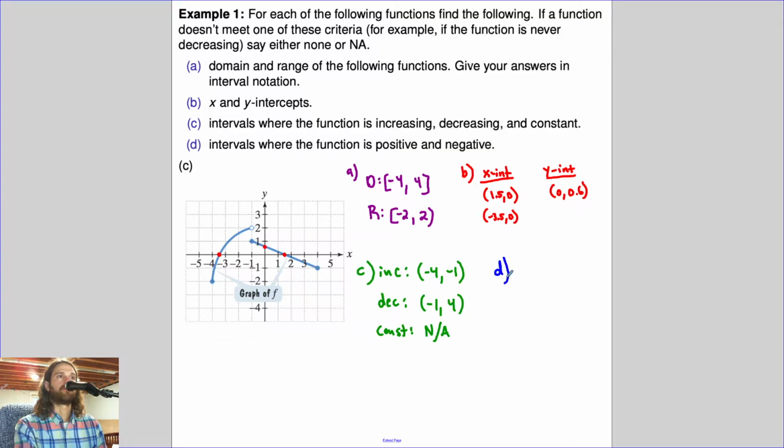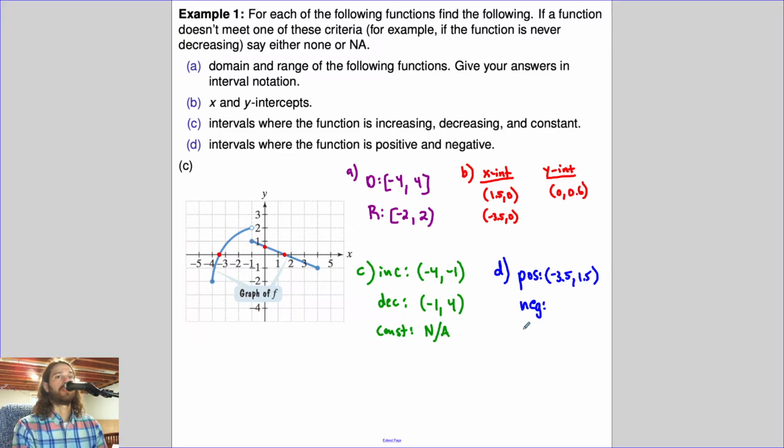Part D, positive and negative. Is it above the x-axis? There is one region where it's above, and that's this region. All of these x values. So that is from -3.5 up to 1.5.